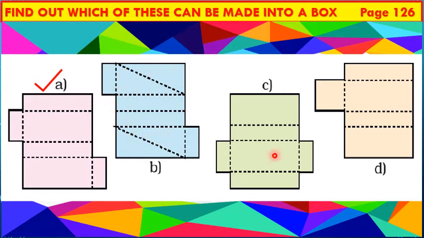Next, consider shape C. This shape also has 6 faces. 1, 2, 3, 4, 5 and 6. So, put a tick mark. Now, consider shape D. This shape has only 5 faces. So, shape A and shape C both can be made into a box.